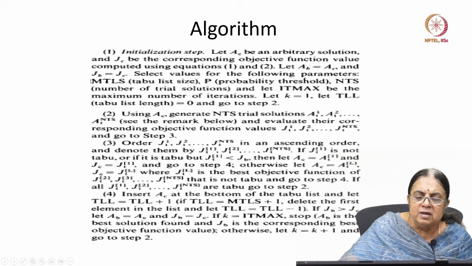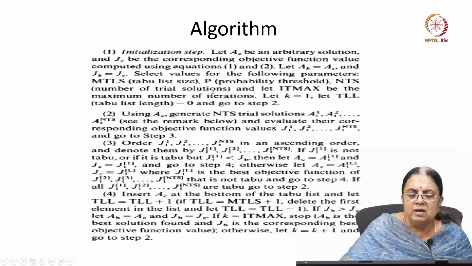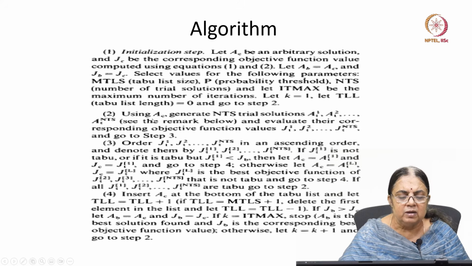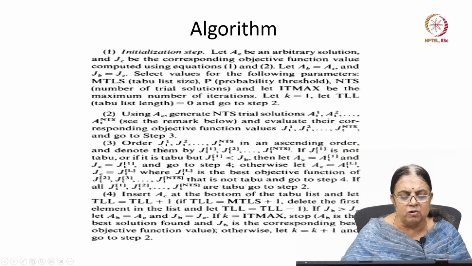So this AB gives you the best point so far, basically, and then you need to choose the following parameters: Tabu list size, the probability threshold, number of trial solutions, etc. So using AC, generate NTS trial solutions, because NTS is what we have chosen here. And then you evaluate them and you order them in ascending order. So this is the cost we are using, so we are using an ascending order.